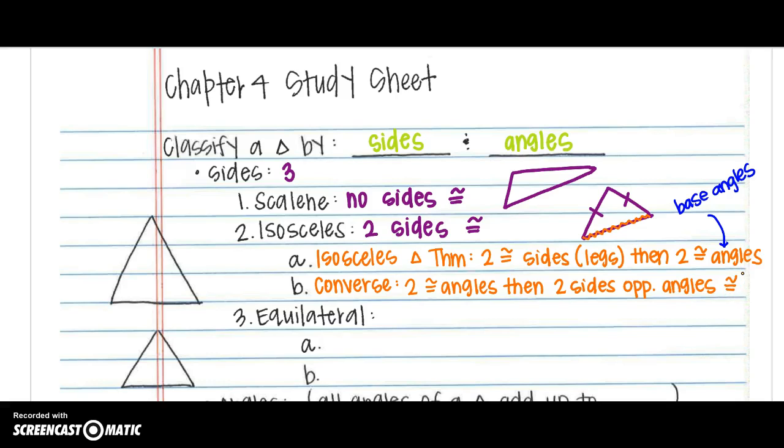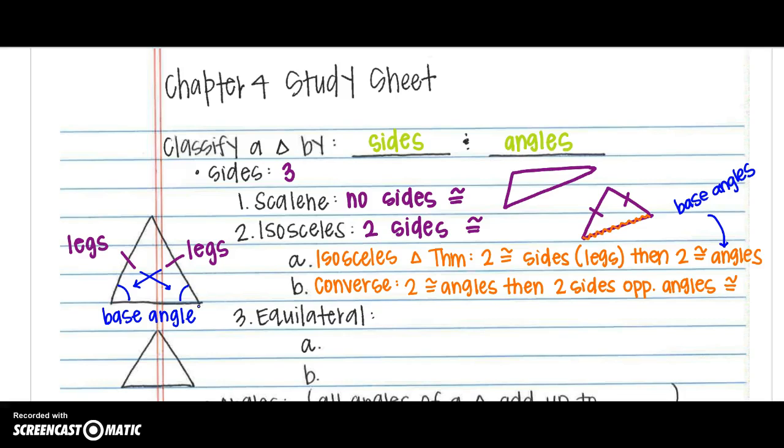So if I come over here to the side, I'm going to label an isosceles triangle. So I have 2 sides that are congruent. Remember, those are called my legs. And if I have 2 legs congruent, I also have the angles across from those. Remember, we talked about across from. Those are going to be called our base angles. So those 2 theorems that we just talked about, the first one said if I have legs congruent, then my angles are congruent.